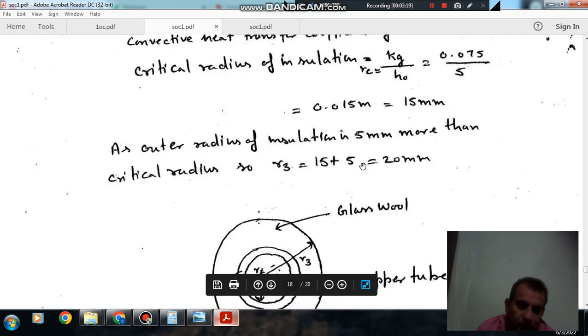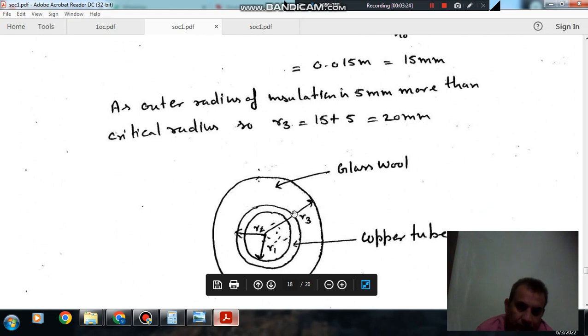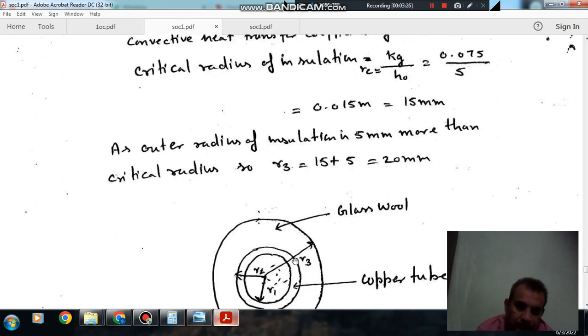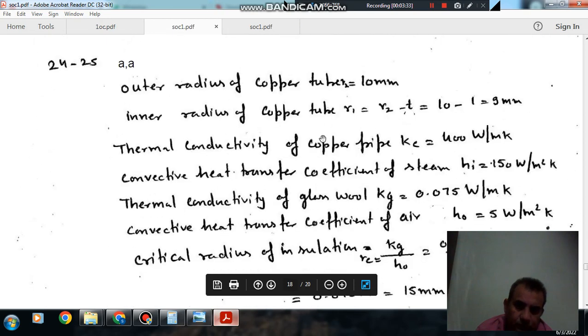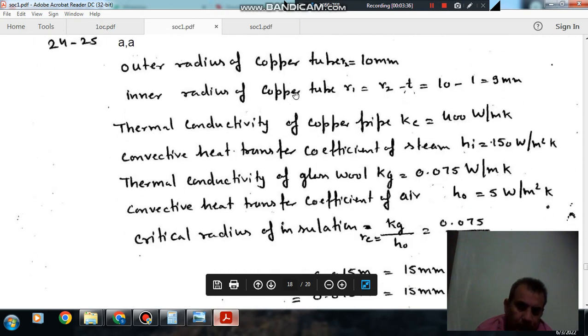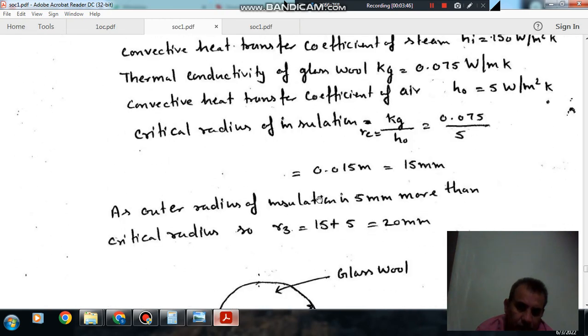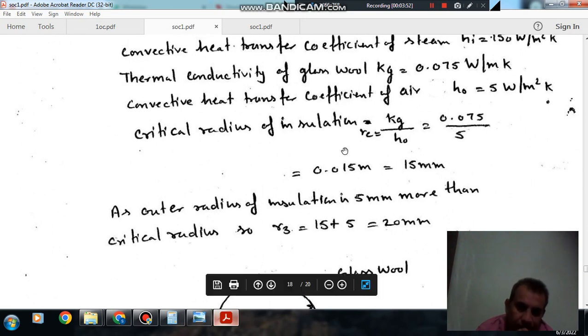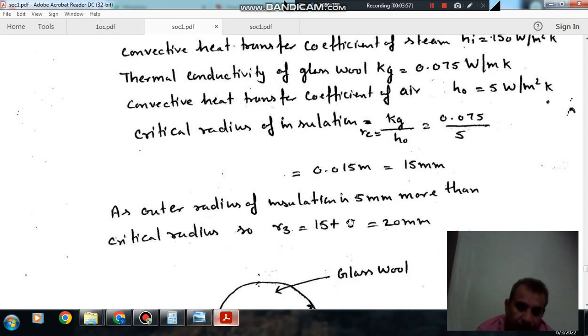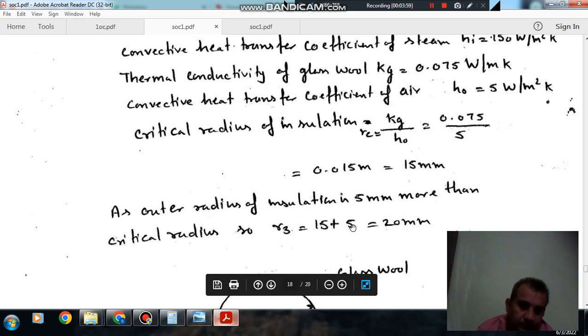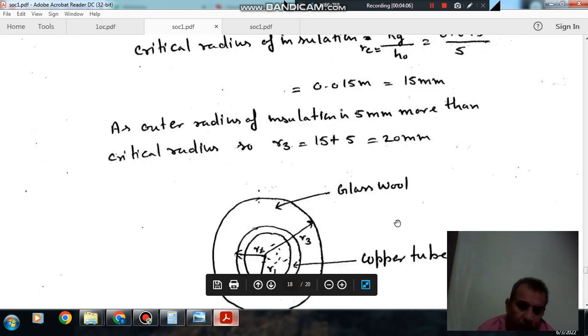R2 is the outer radius of the copper pipe, and R3 is the outer radius of the insulation. The thickness of insulation is 5 mm beyond the critical radius, so R3 will be 15 plus 5, that is 20 mm. So the outside radius will be 20 mm.